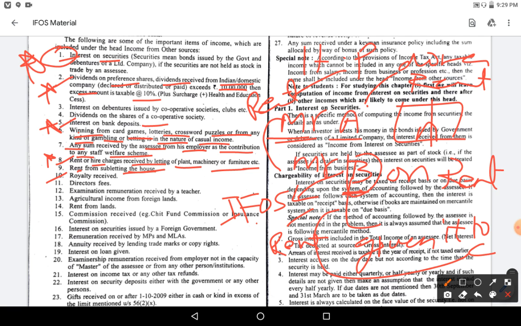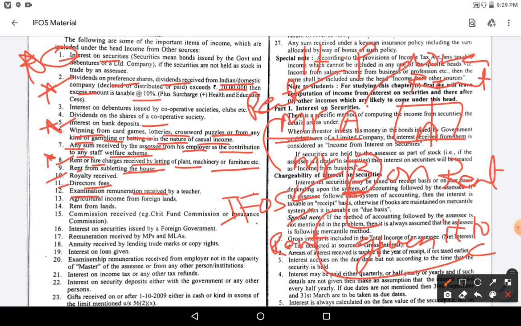Royalty received on books or patents is taxable under the head income from other sources. Directors fees received by the director. In case of company, director will hold some shares. So when he becomes the owner, he is not an employee. So director sitting fees will be taxable under the head income from other sources.